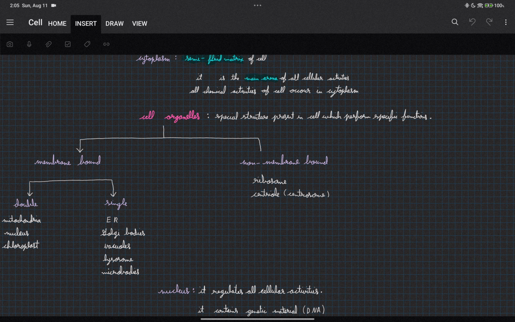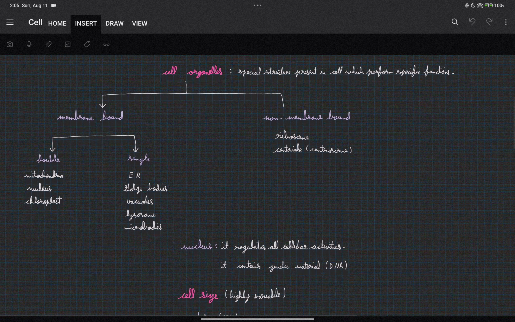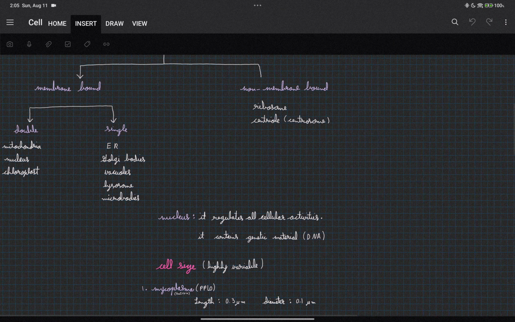Membrane bound are also of two types, double membrane bound and single membrane bound. Double membrane bound organelles are mitochondria, nucleus, and chloroplast, whereas single membrane bound cell organelles are endoplasmic reticulum, Golgi bodies, vacuoles, lysosome, and microbodies.